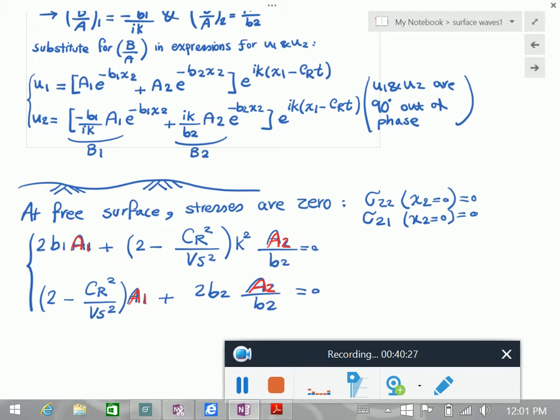Yes? Are you intentionally putting 2 times B2 times A2 divided by B2? Where are we talking, the second equation? I think so, but I don't know this by heart. Maybe it's a typo. I can look at it, but I don't know the equations by heart.